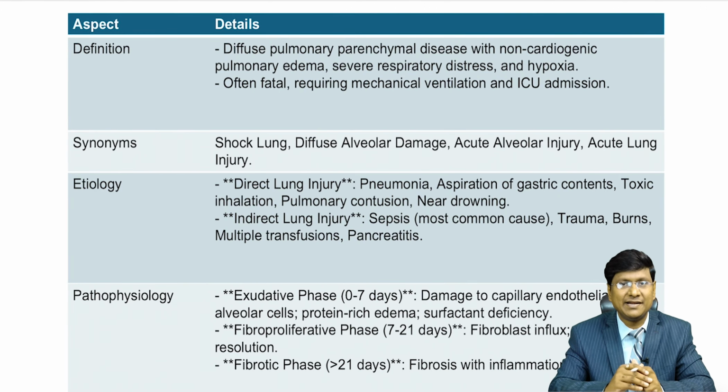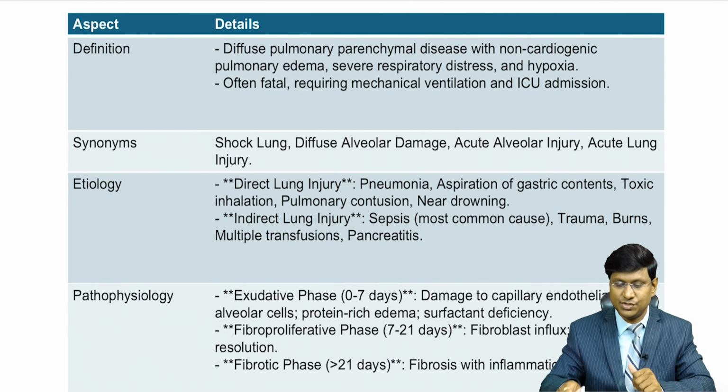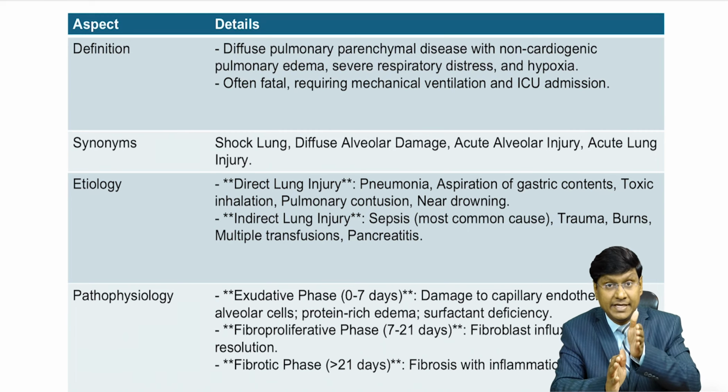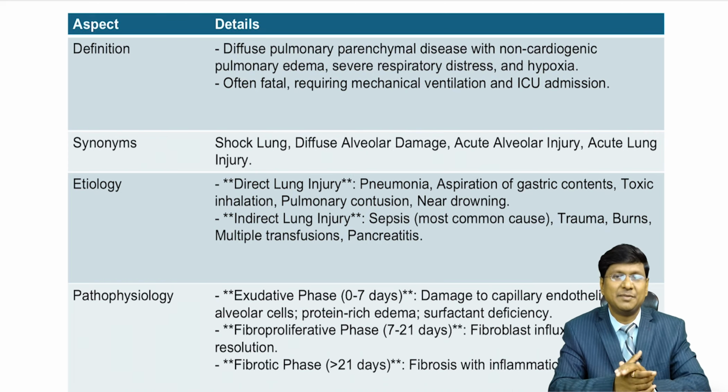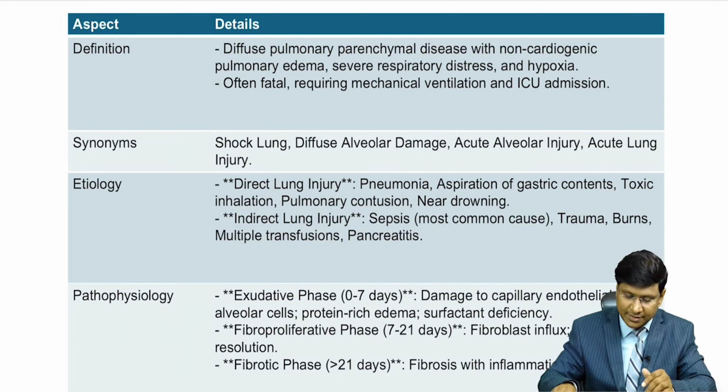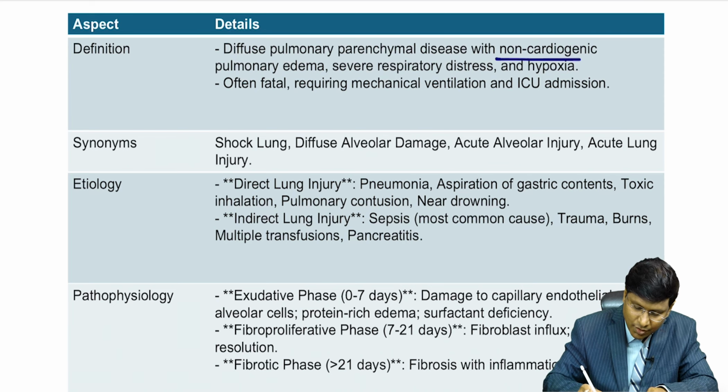Now, what exactly is the definition of acute respiratory distress syndrome? Please remember, it is a disorder characterized by diffuse bilateral non-cardiogenic pulmonary edema, right? It is a diffuse bilateral pulmonary parenchymal disorder with non-cardiogenic pulmonary edema.